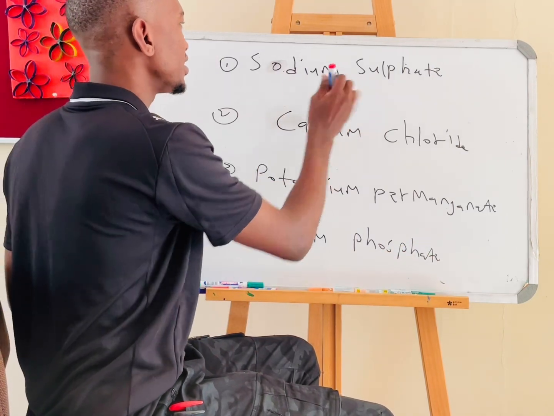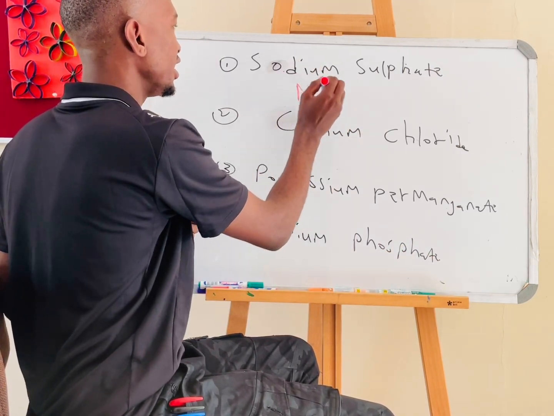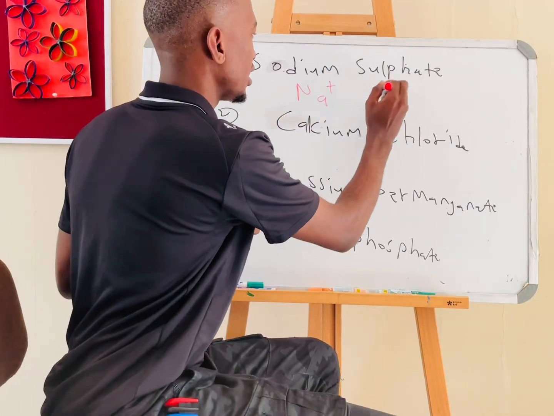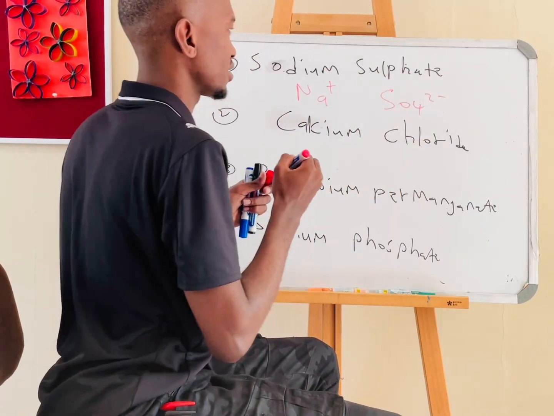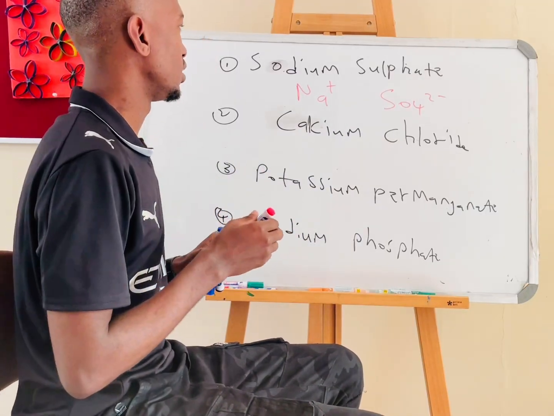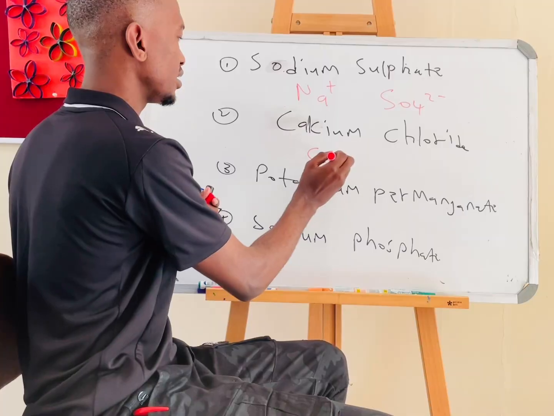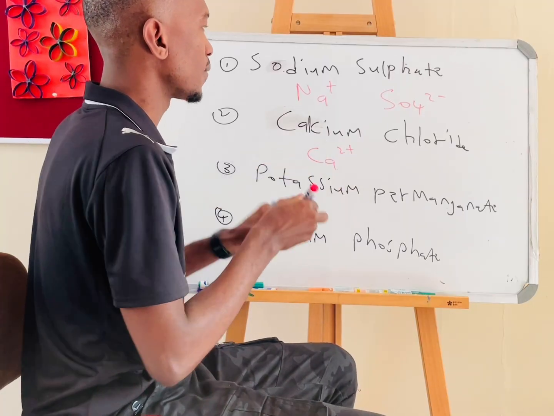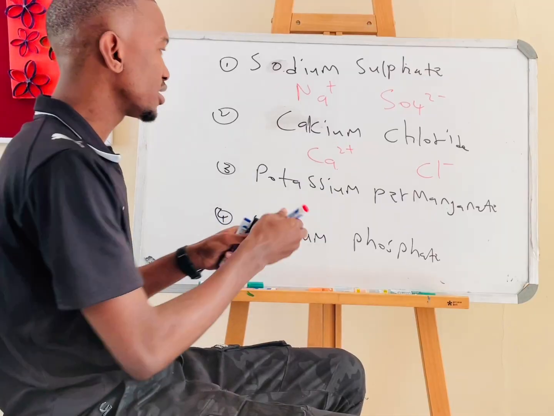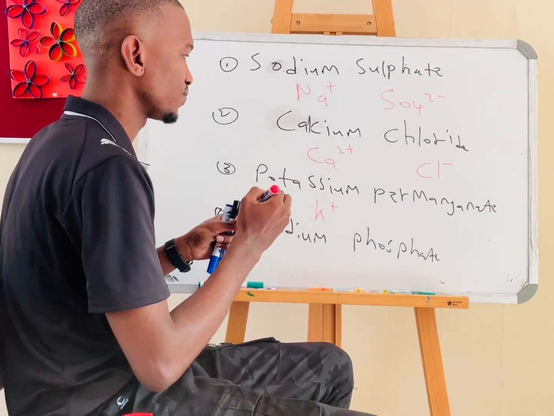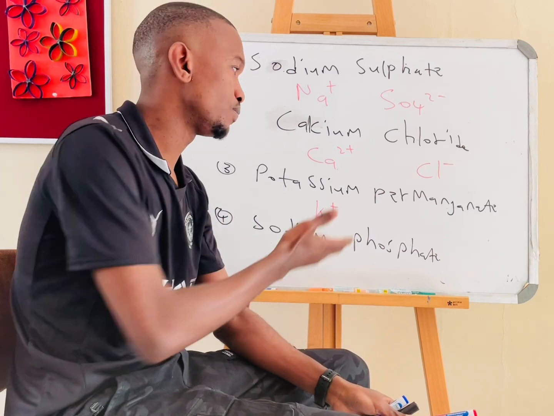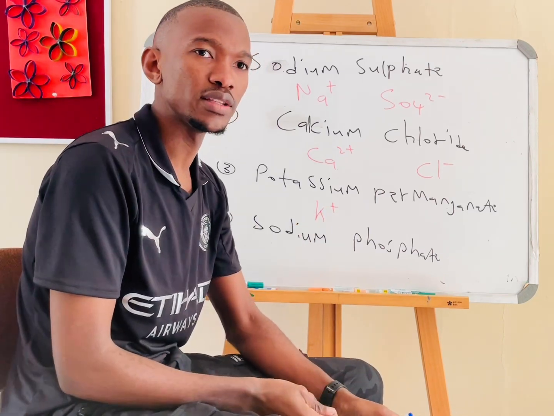Okay, so first of all, let's try to do this. Sodium sulfate. Sodium is basically Na+. Sodium is an element. Sulfate is this guy, SO4 2-. Okay, that's what I'm having so far. And then calcium is basically this guy, 2+. Chloride, you know this is basically chlorine. And then potassium is basically K+. Permanganate, you must go and learn these polyatomic ions.